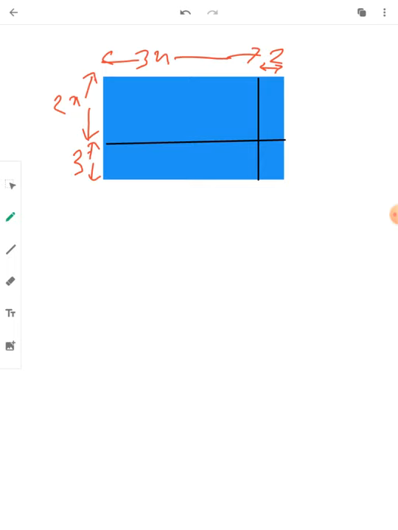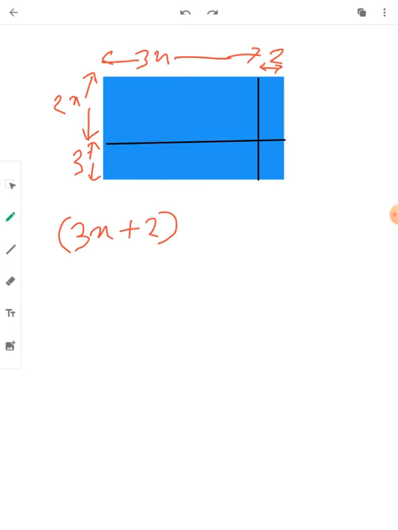Okay. So the area of this rectangle is equal to what? You have to multiply the length and the width, right? The length is equal to 3x plus 2. How? The whole length is equal to 3x plus 2, right?